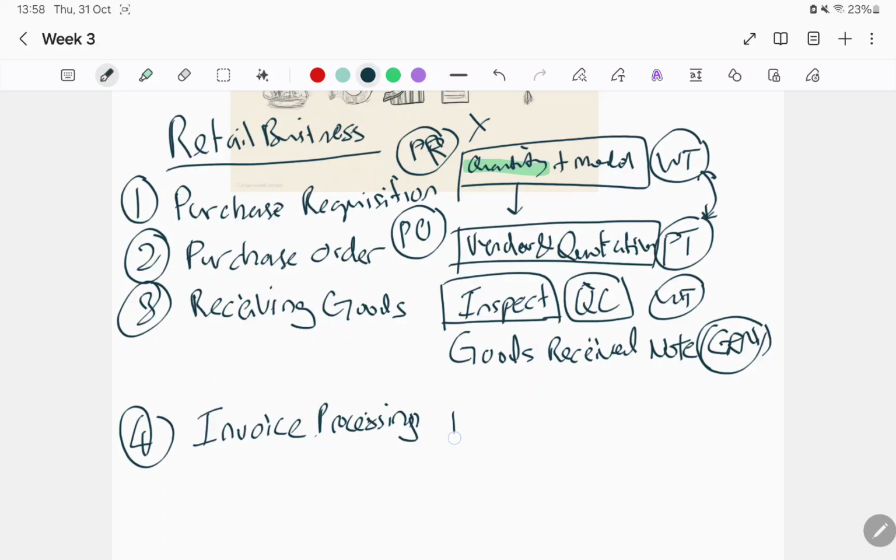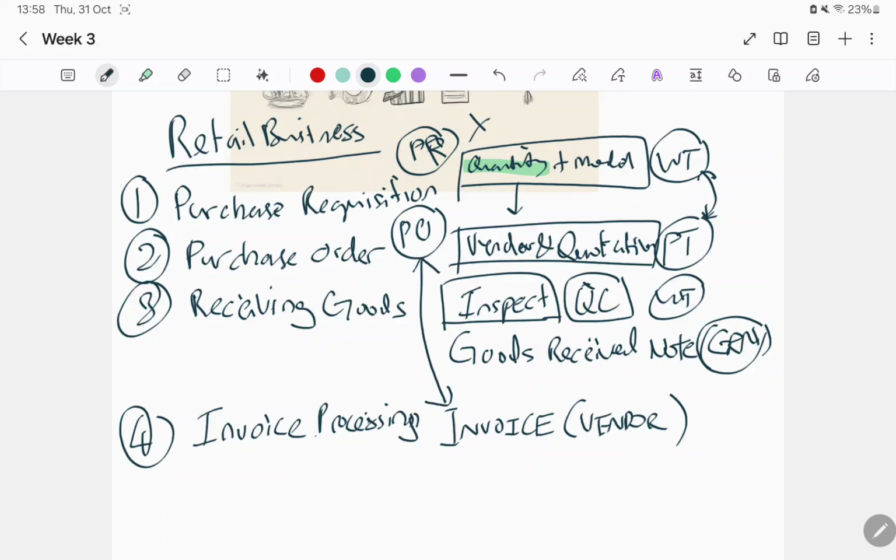So first, you will receive the invoice from the vendor. Vendor is the supplier, it's the same thing. Then you will compare with the purchase order, the first agreement that you made.